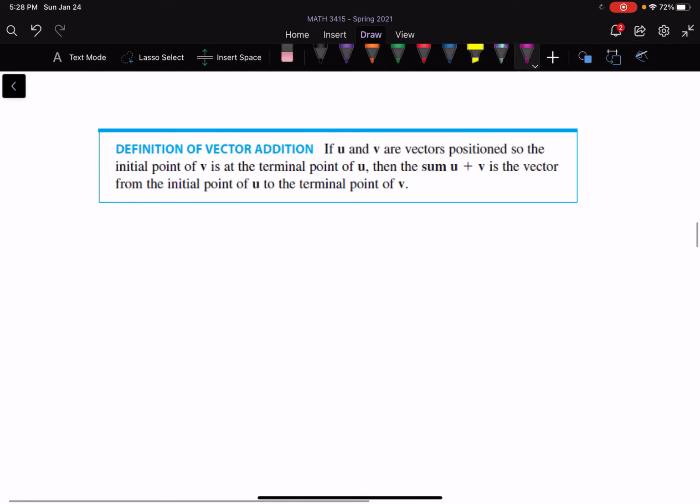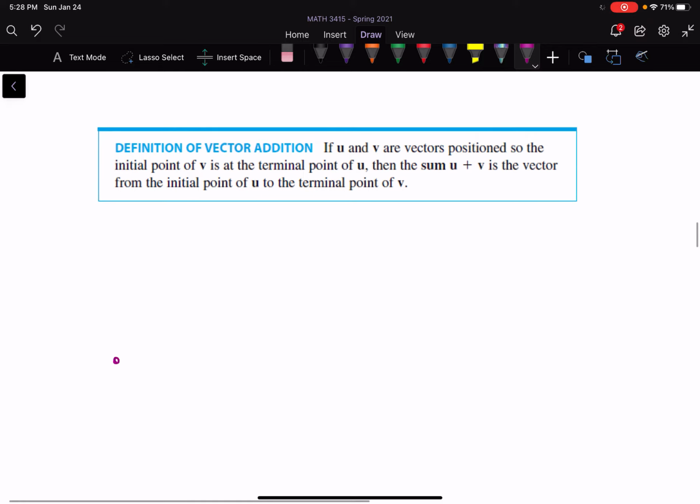All right, so next is vector addition. It does kind of a weird thing, but it works out because if you have forces and you add the forces, then the vector addition is the sum of the forces. But this is how it works. If I have u right here, and I want to add v to it, a lot of times they'll call it the triangle method or the parallelogram method.